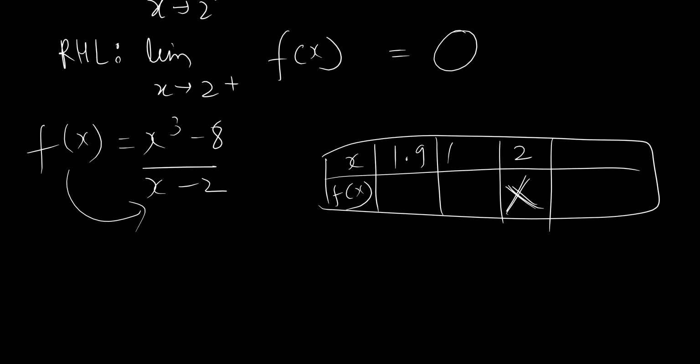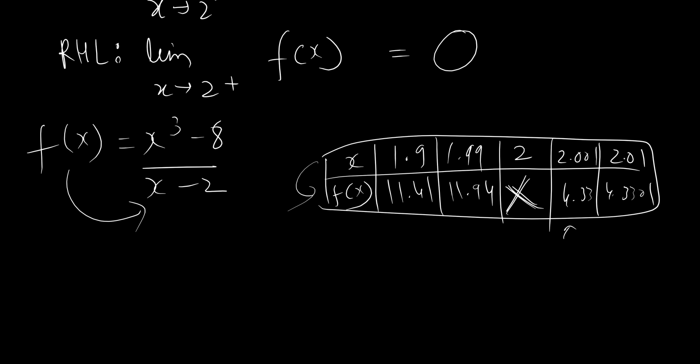Let's take 1.9 and 1.99, and here 2.001 and 2.01. Okay, so if you substitute x equals 1.9 in the function, it would be 11.91. You can do it by calculator, and in here it would be 4.3301. So when you round off, these values go to 4 and these values come to 12.